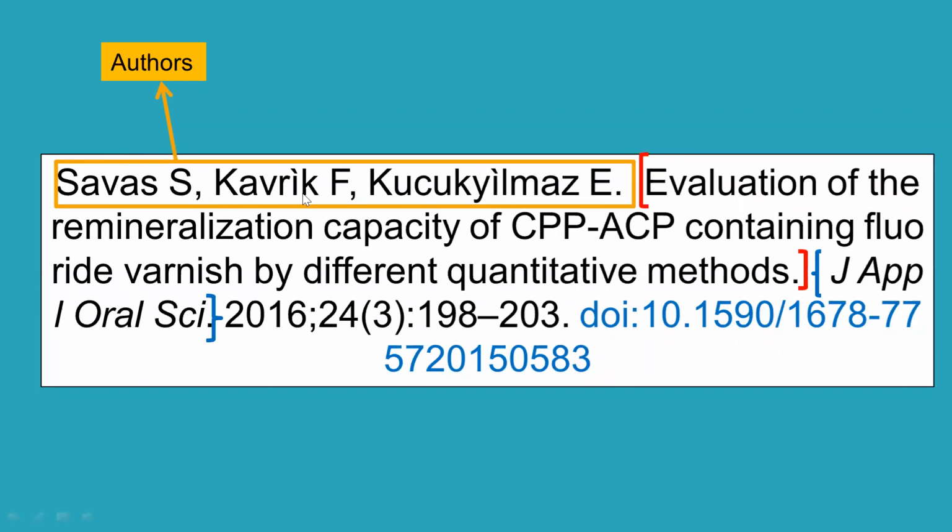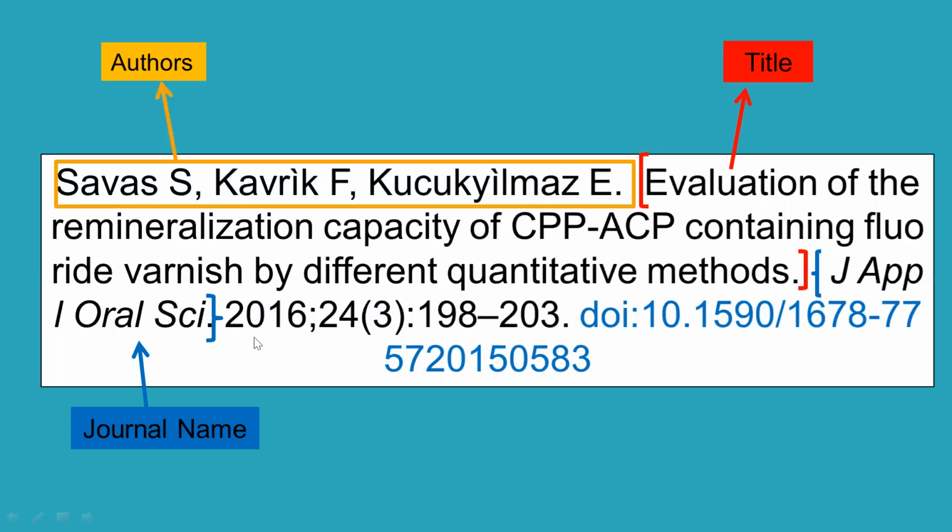If there are multiple authors, they are separated with commas, and after the last author, you put a full stop, which is followed by the title of the article. Again, the title of the article ends with a full stop, followed by the journal name. The journal nomenclature is followed as per ICMJE nomenclature or the NLM nomenclature, which is provided by PubMed Central.